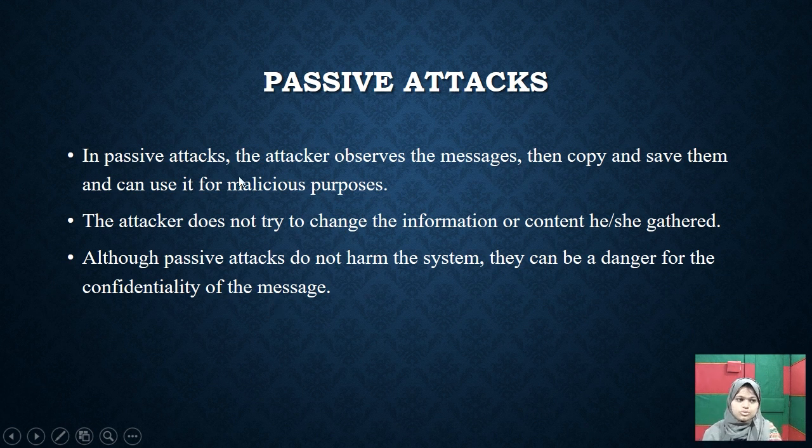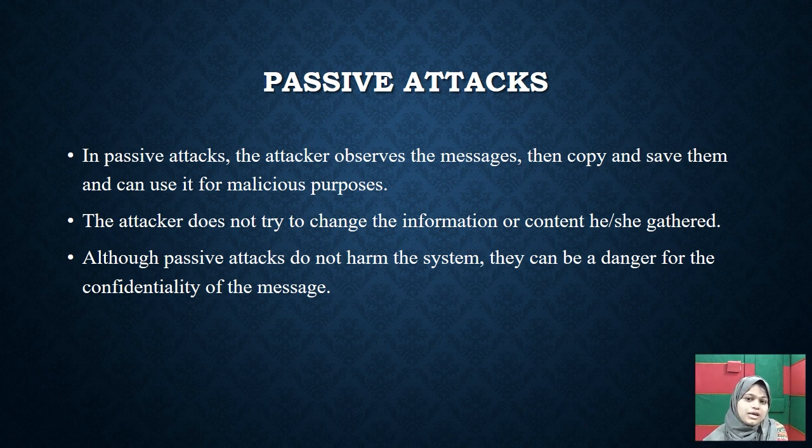For example, suppose there are two friends communicating with each other, and there is a third person sitting there who is just listening silently to their talk. The two friends are not aware that the third person is listening to whatever they are communicating.